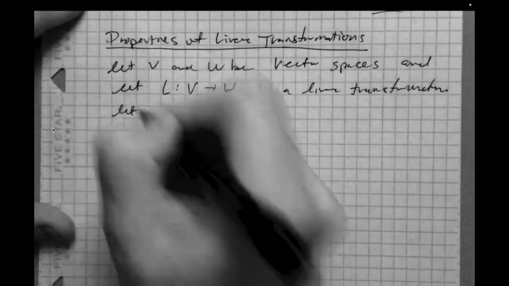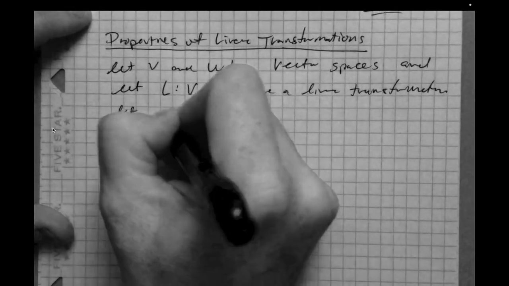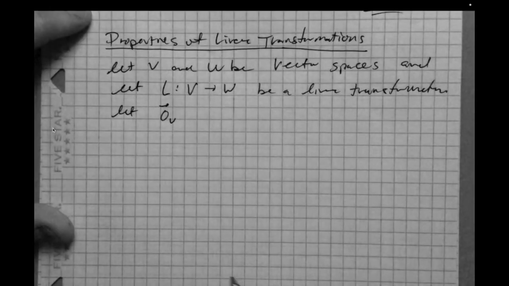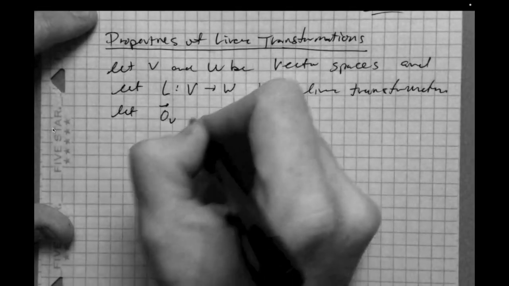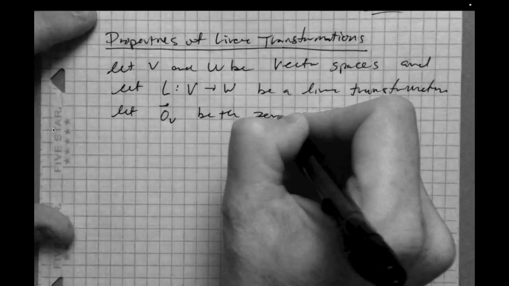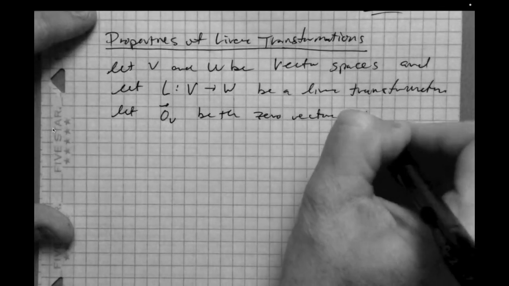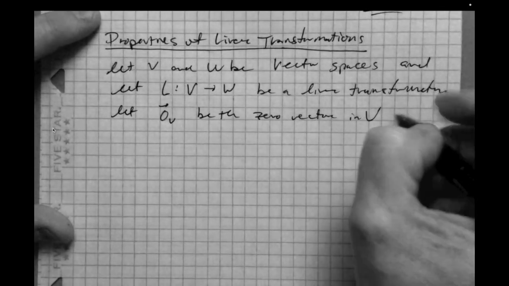Then we're going to let the zero vector of V be denoted like this, and we're going to denote the zero vector in W also.